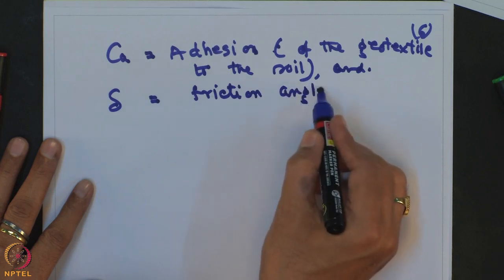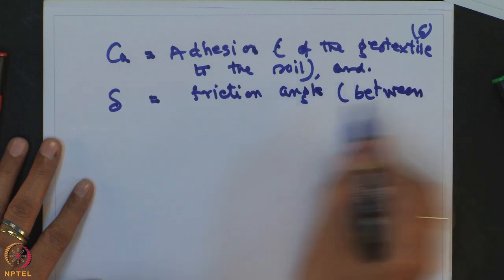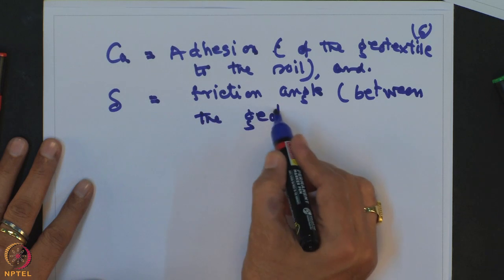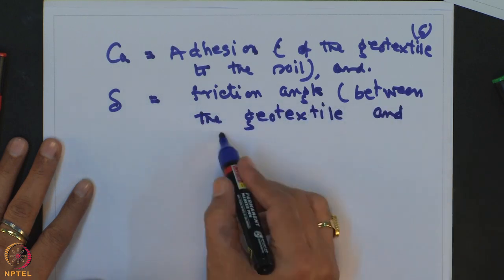This is the friction angle between the geotextile and soil.